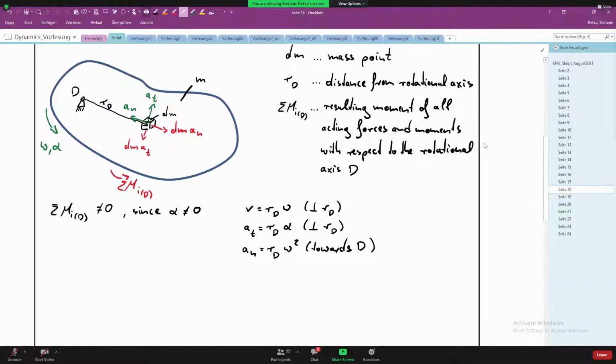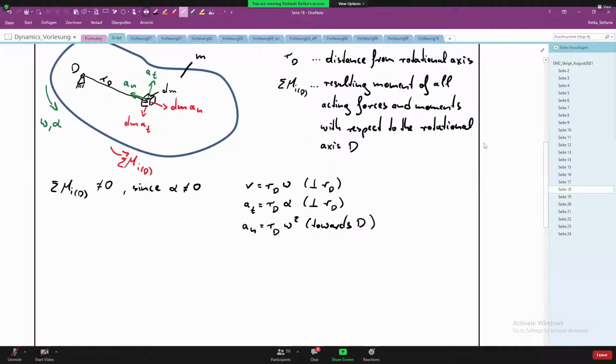Now, for our small mass element, only considering the small mass element, how would the equation of momentum look like? Then there might be external loads, moments, whatever, which are included in this term, the loads that also exist in static systems.